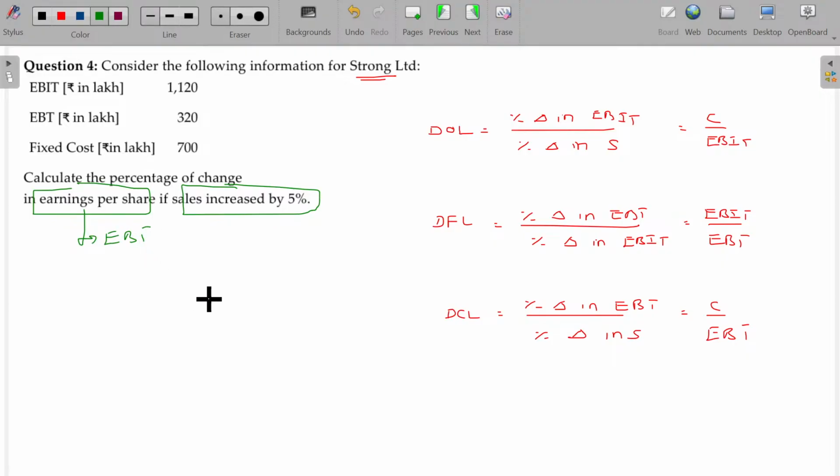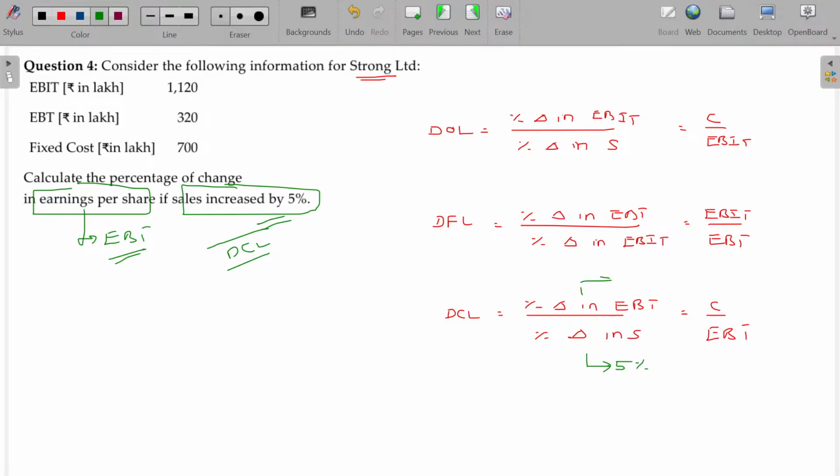If there is a change in EBT, in the same proportion there will be a change in EPS also, in the absence of preference dividend. Already we have studied. So it is the connection between percentage change in EBT and percentage change in sales. So then what formula you have to take? Degree of combined leverage should be taken. So here you need to use degree of combined leverage. Right. So as per this one, sales increased by 5%.